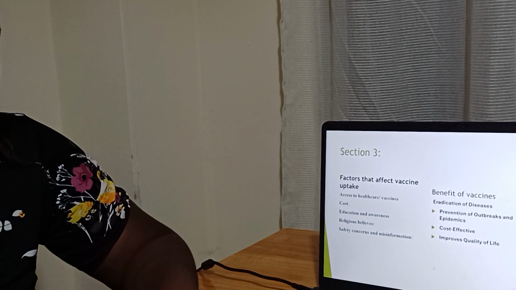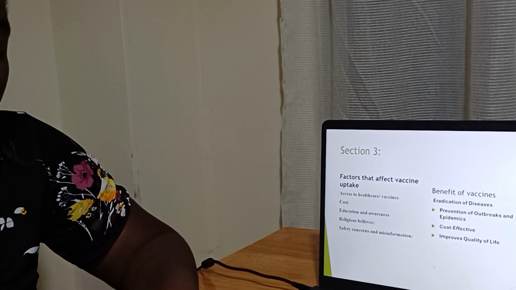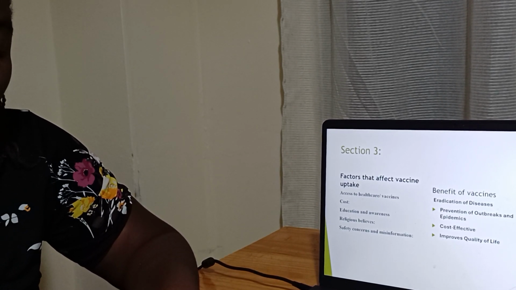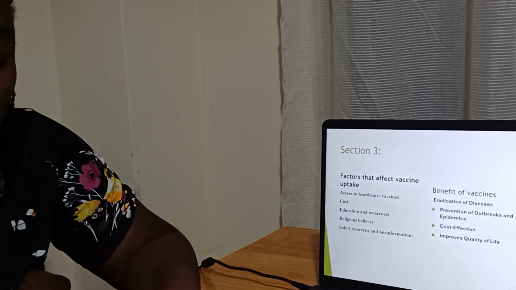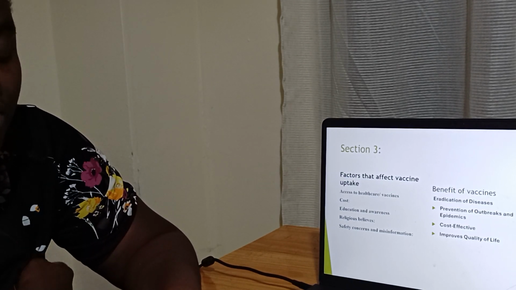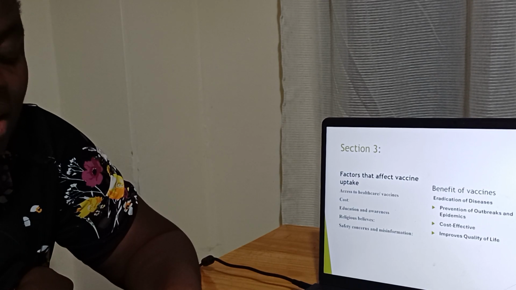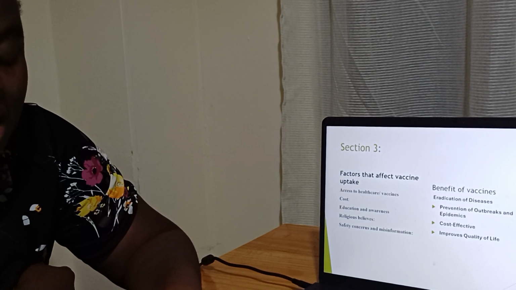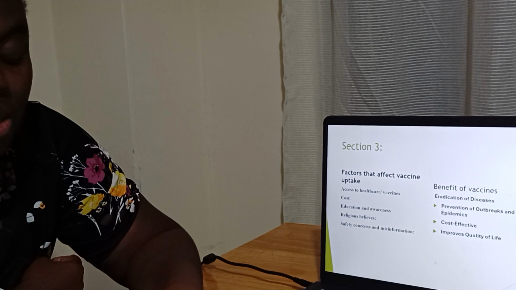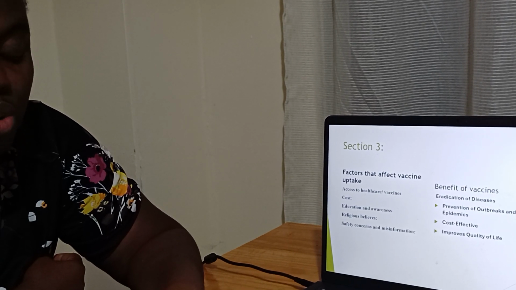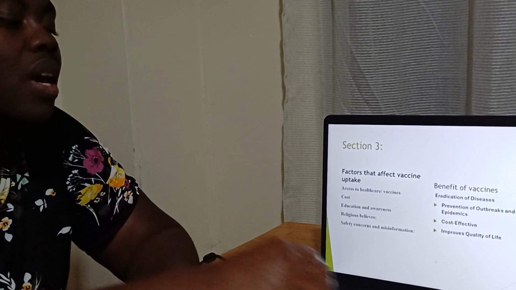It reduces health care costs and the economic burden of diseases on families and society. And then we have improved quality of life. So vaccination prevents illness, disability, and death from vaccine preventable diseases. This contributes to improved health and quality of life.